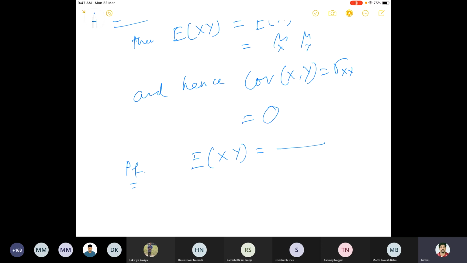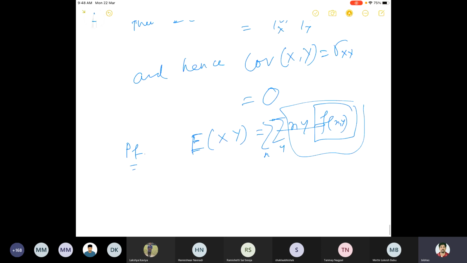Now f of xy can be written as a product of the marginal distributions, and then take the sum individually on x and y, because now you can split this entire function into a function of x and a function of y, and then you'll see that the expectation of x times y is nothing but the expectation of x times the expectation of y.